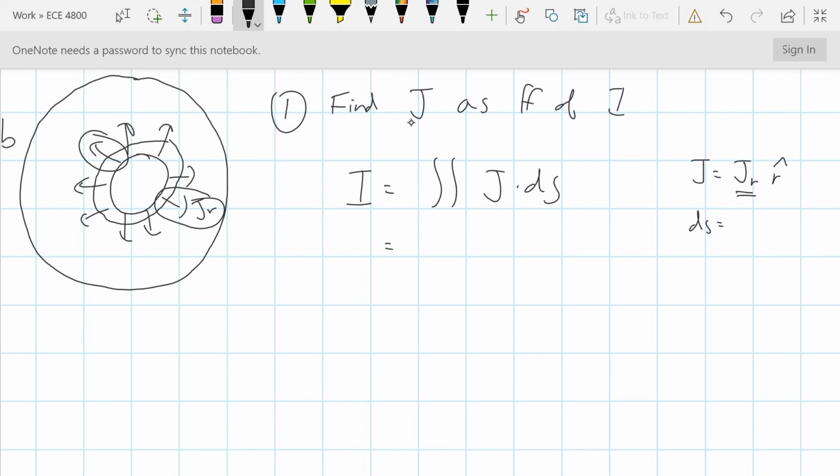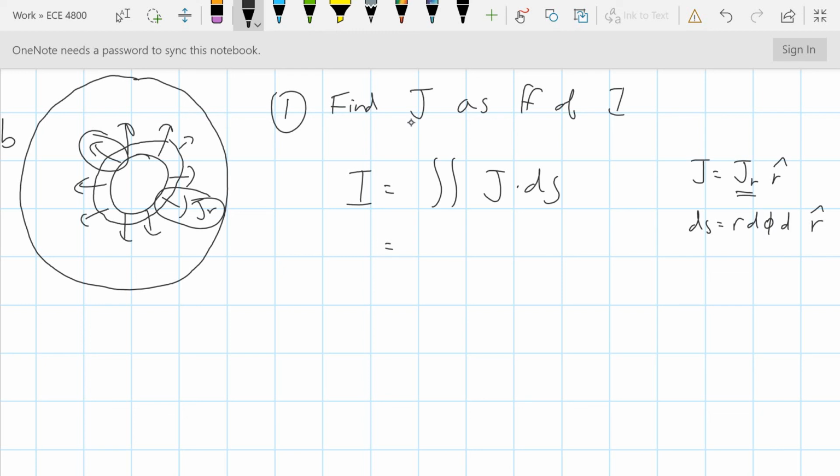And dS is also going to be in the r hat direction, and what's going to be the magnitude there? We're doing the cylinder, right? So the dS vector is going to point away from the surface of that cylinder. So the direction is going to be r hat. What's going to be the magnitude? r dphi dz. That's correct.